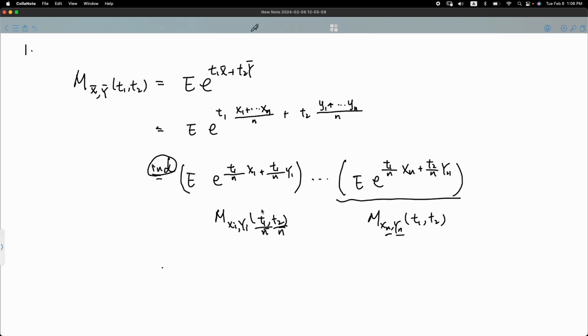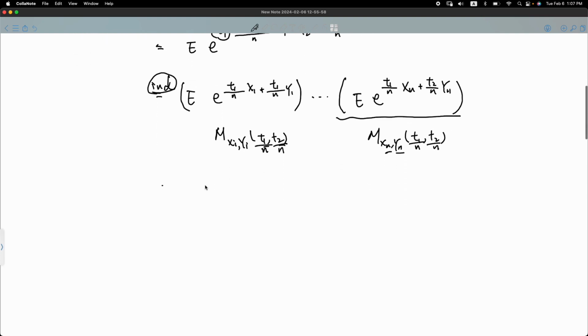The t1 here is referring to the original t1. If you write in terms of the original t1, then this is t1 over n, and this is the t1 star. Perfect. Any other question or comments? Okay.